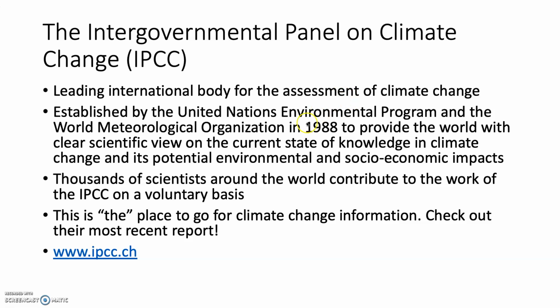It was established in 1988 by the United Nations Environment Programme and the World Meteorological Organization in order to provide the world with a clear scientific view on the current state of knowledge in climate change and its potential environmental and socioeconomic impacts. Thousands of scientists around the world contribute to the work of the IPCC on a voluntary basis. This is the place to go for climate change information.